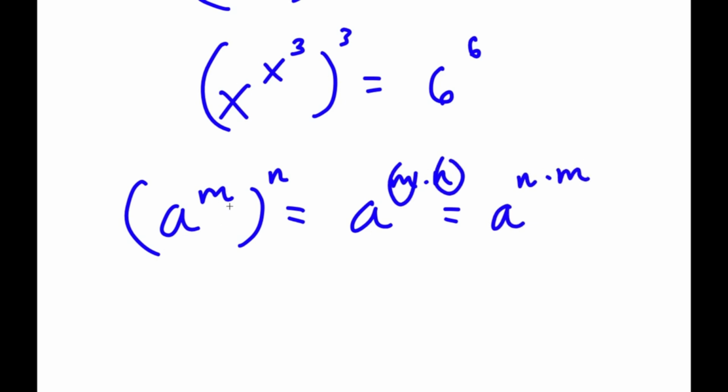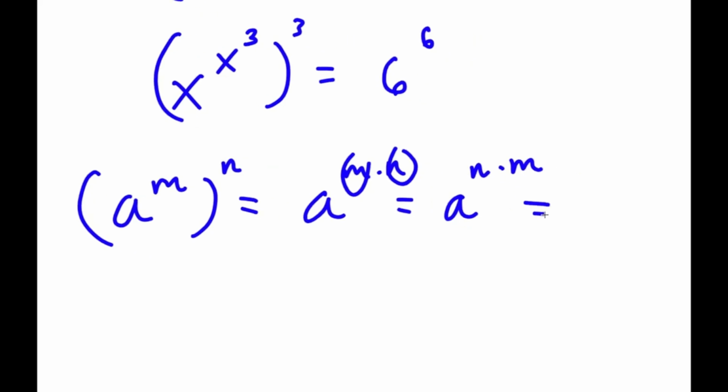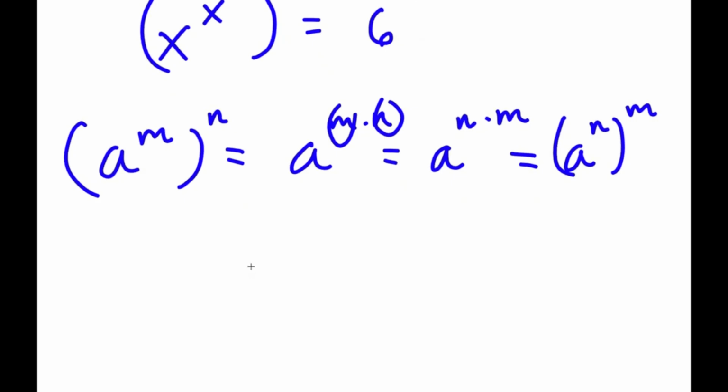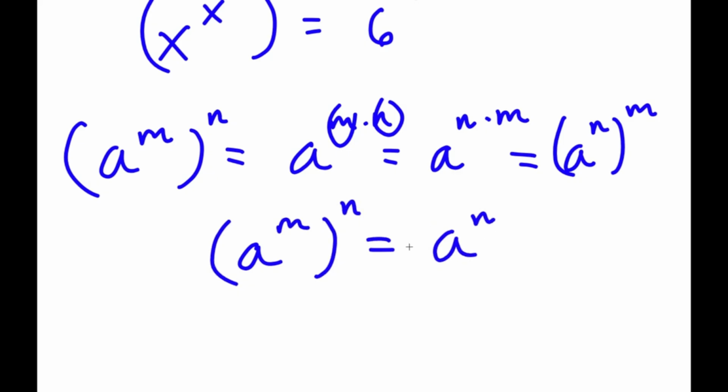Well, if a to the power of m to the power of n is equal to a to the power of m times n, and that's equal to a to the power of n times m, this means that this is also equal to a to the power of n to the power of m. So in simpler terms, a to the power of m to the power of n is the same thing as a to the power of n to the power of m. So you could switch the places of these two exponents.